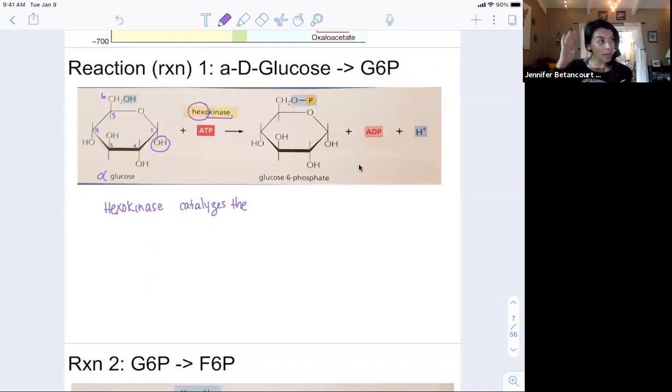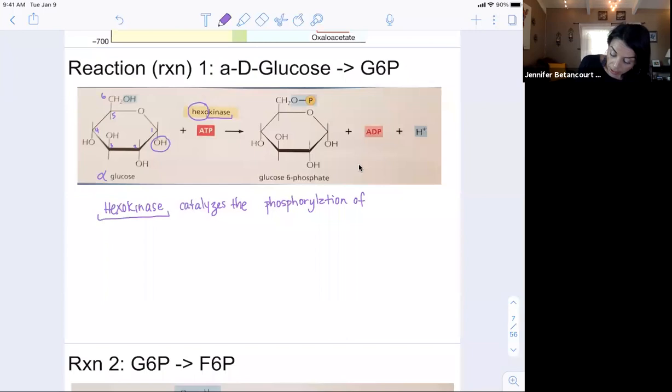When I first asked you, what do enzymes do? Catalyze chemical reactions. Okay, cool. Now use that definition that you have. So hexokinase catalyzes the, what does it catalyze? Basically, what is it doing? It is catalyzing the phosphorylation of some substrate. So this is always the enzyme. You always start with the enzyme name.